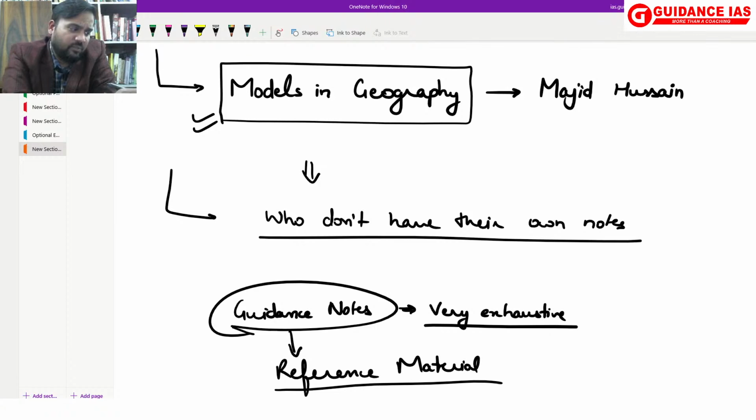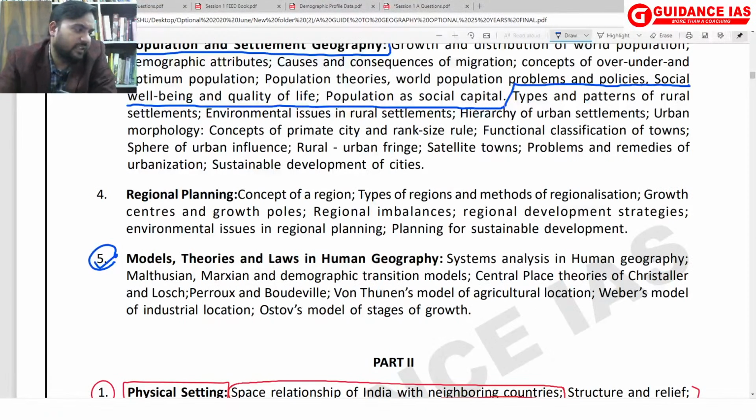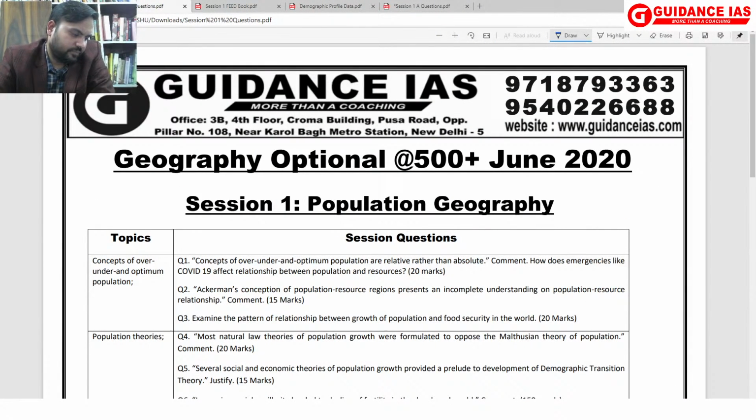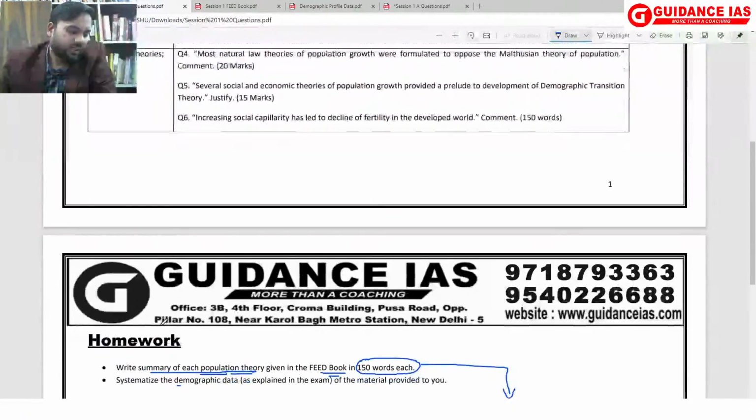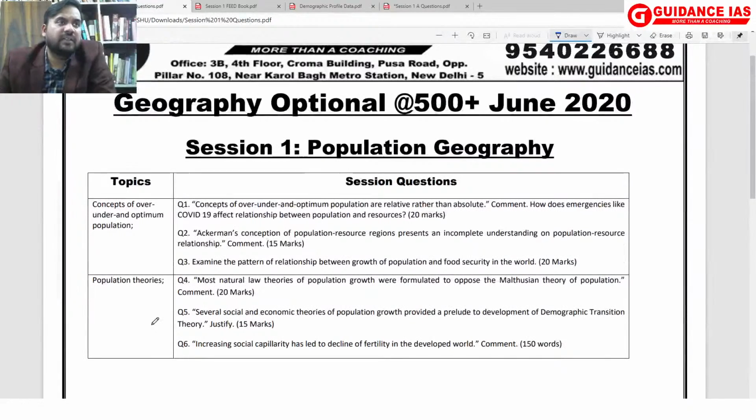And why I am saying this about models in geography book or notes, because see, I'll just explain why I am saying this. इसमें अच्छा नहीं दिया हुआ है. Like for example, one question I will be taking up in Malthus directly will be the contemporary relevance of Malthusian ideas.